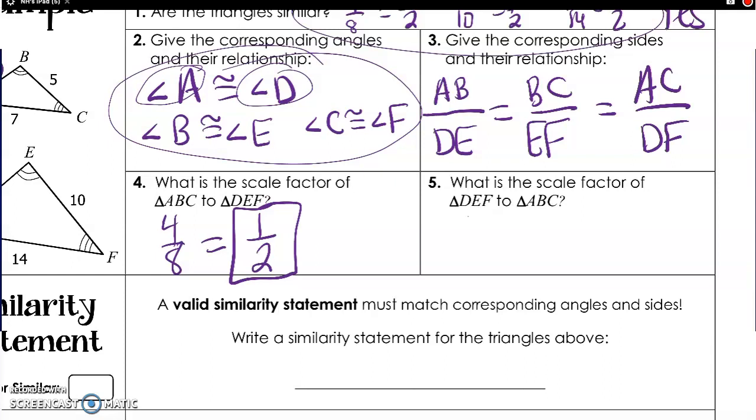This wants DEF to ABC, so all we did was flip the 1/2 around. So you could go right from this to flip it as 2 over 1. Now, if you do 8 over 4, or you could do 10 over 5 or 14 over 7, doesn't matter. If you type that in, or you just know that's 2, you have to remember that these are ratios, so there need to be two numbers, so 2 over 1.